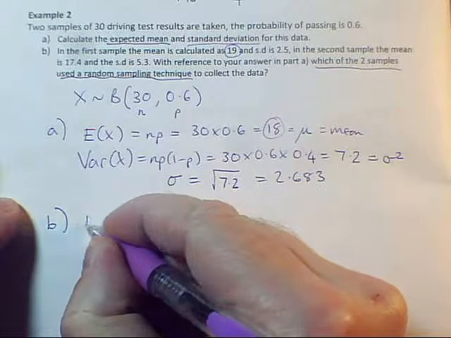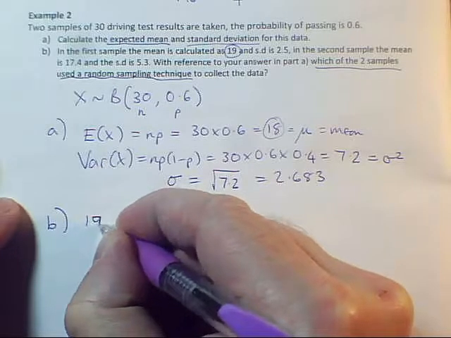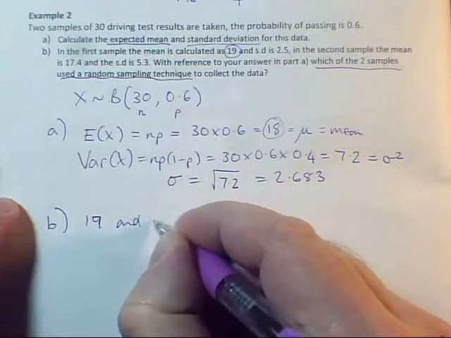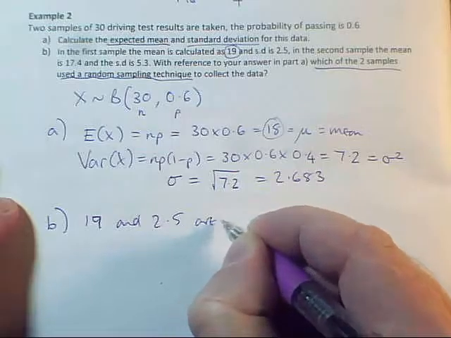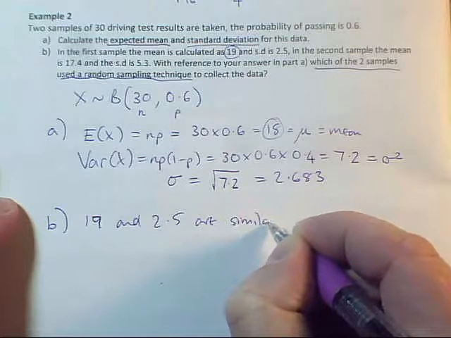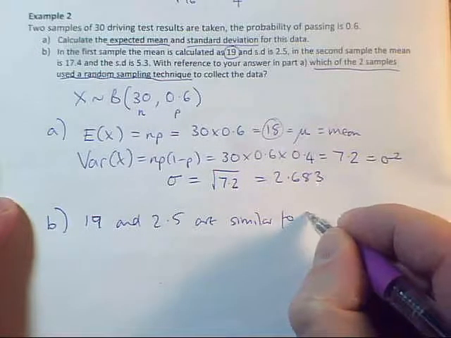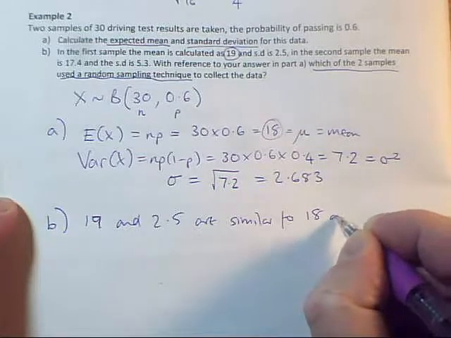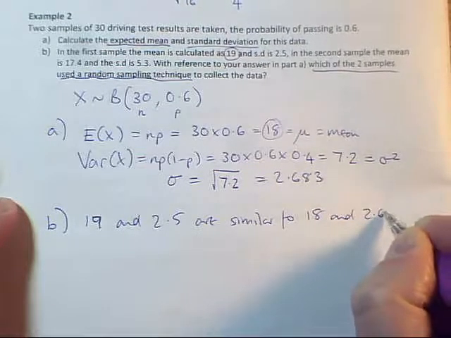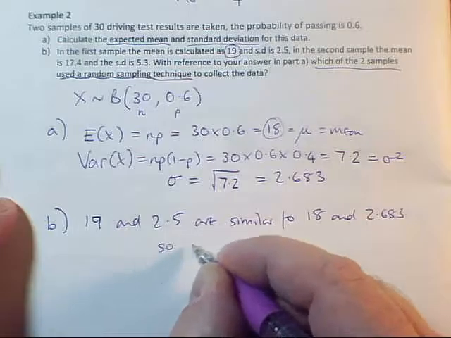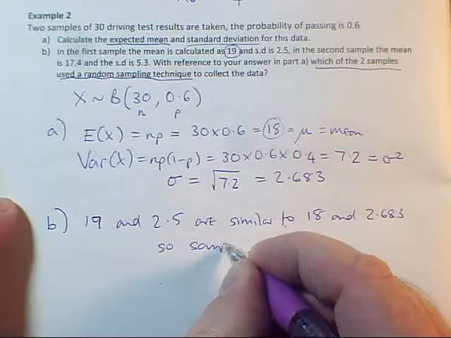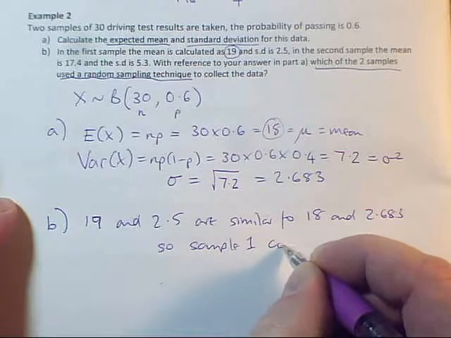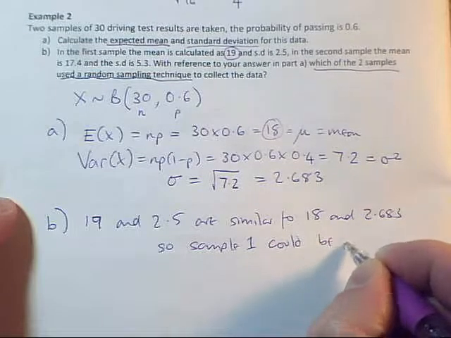So I'm going to say that 19 and 2.5 are similar to the 18 and 2.683. So sample 1 could be random.